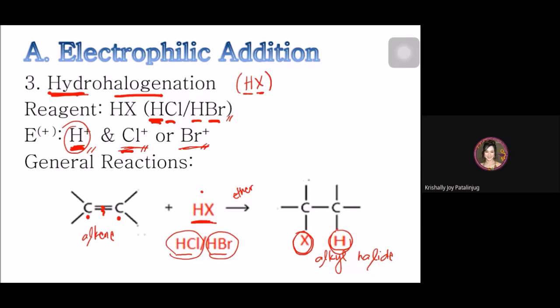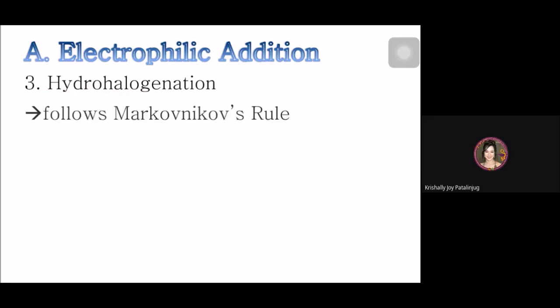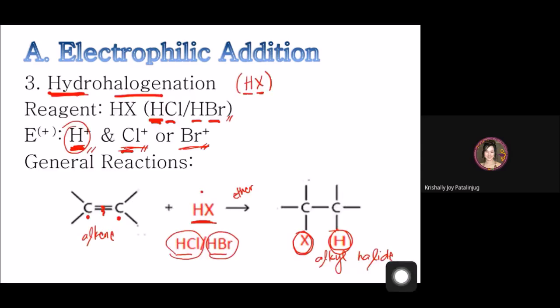Na yung tanong, asa man maadd ang chlorine, asa maadd ang hydrogen, asa nga carbon ani sa carbon-to-carbon double bonds. Okay, in order to predict the major products in here, you have to follow Markovnikov's rule. Again ha, ang atong pangutana karon, unsaon nato pagkabalo kung asa i-add ang X, asa ang H i-add.